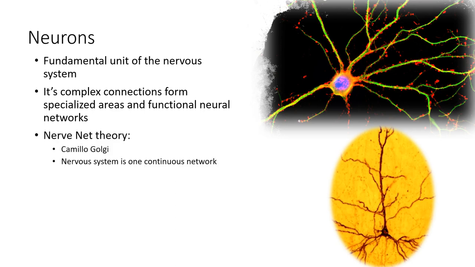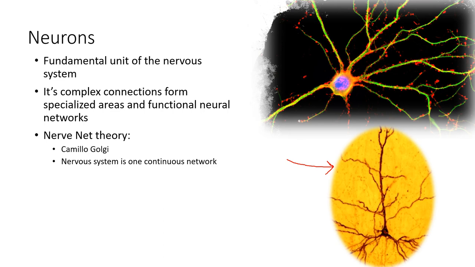About 150 years ago, the perspective of what the nervous system was built of was very different than what it is today. Camillo Golgi was an Italian physiologist who came up with a stain that allowed physiologists to see whole neurons under the microscope, and they look like this bottom picture on the right.